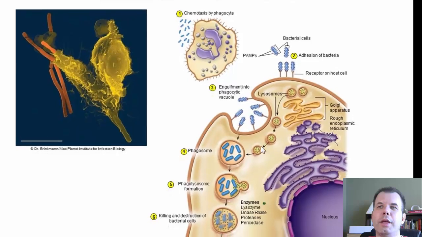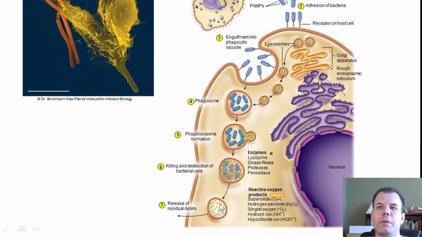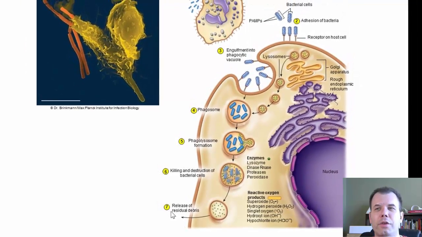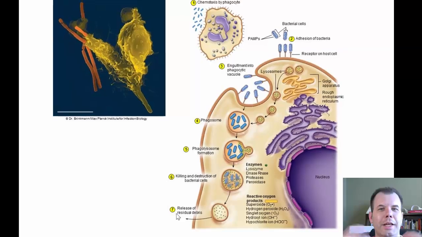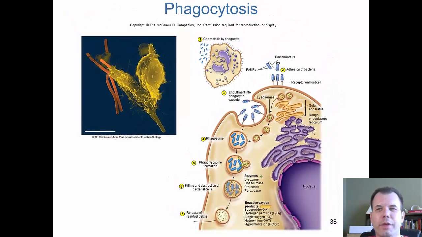These lysosomes come in, release these enzymes, and digest the bacteria, and then the residual debris is released. That's primarily the process of phagocytosis: bringing these cells in, digesting, and then releasing them out. And this would be a neutrophil since it's not presenting those cells.